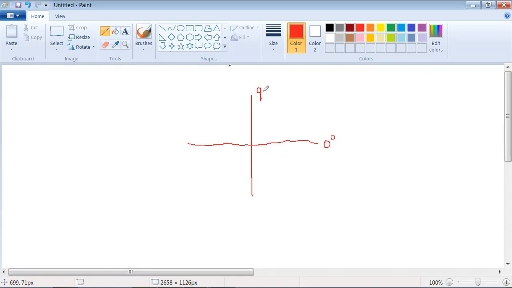This direction is 90 degrees, right? This direction is 180, and down here is 270 degrees, right?